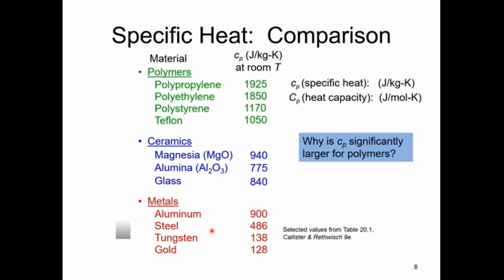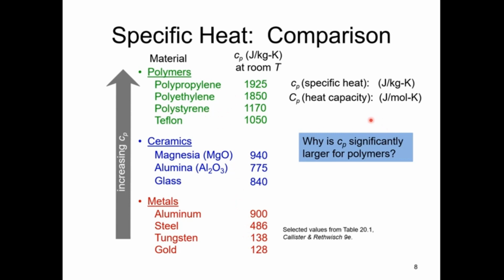If we look at this list of materials and their specific heat capacity values at constant pressure, Cp, the groups can be divided into polymers, ceramics and metals. And as we can see, metals have the lowest value of Cp as compared to polymers.